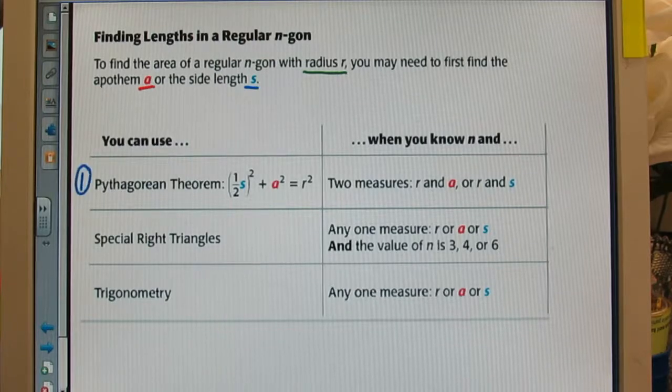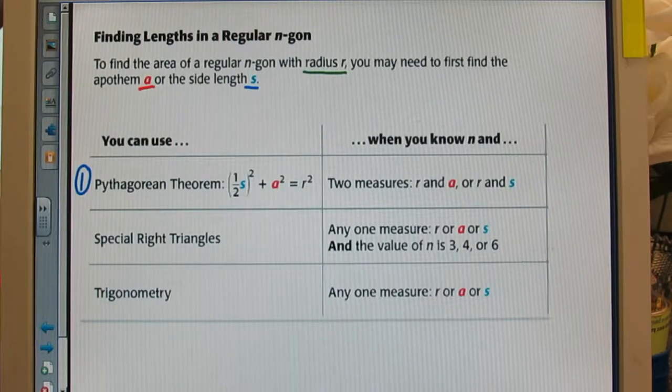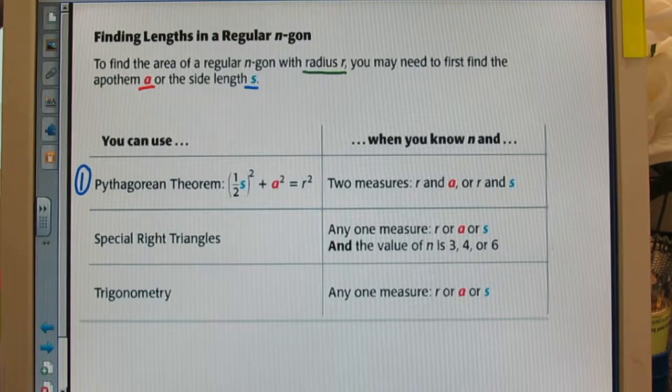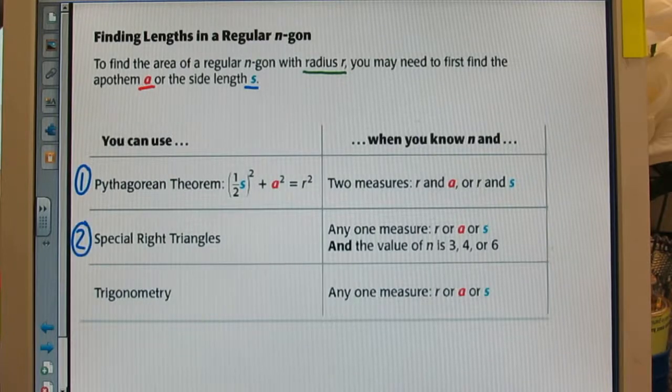I can use the Pythagorean theorem, so 1/2 s squared plus a squared equals r squared, if I have 2 of the 3 measures, r and a or r and s. I can use special right triangles.